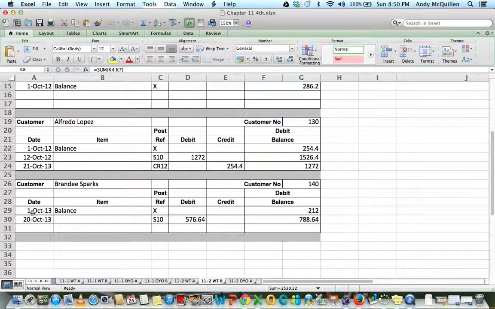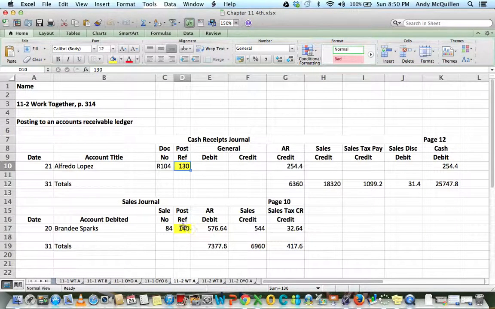So we go over to Brandy Sparks again, 20th. S10 stands for Sales Journal, page 10. Debit, 576.64. Remember, two debits we add together, that's how we get 788.64. And then we need to do our post reference of 140.